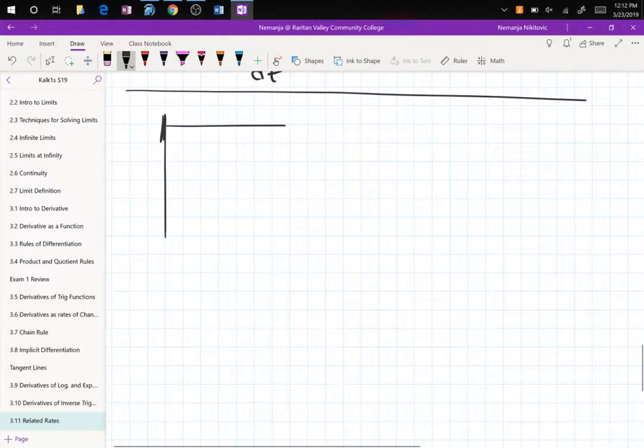So over here we're going to have an airport. We're going to have one plane going towards the airport, that way, and another airplane coming in this way.